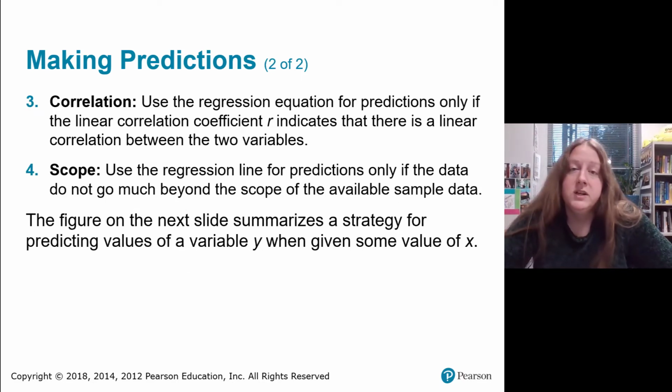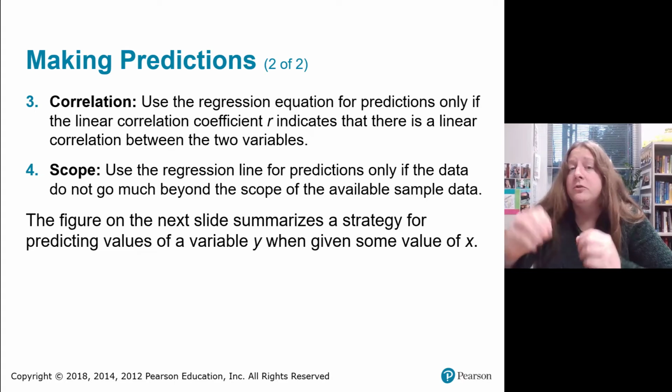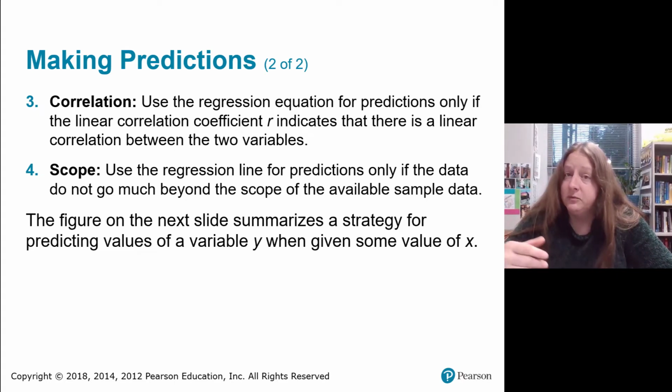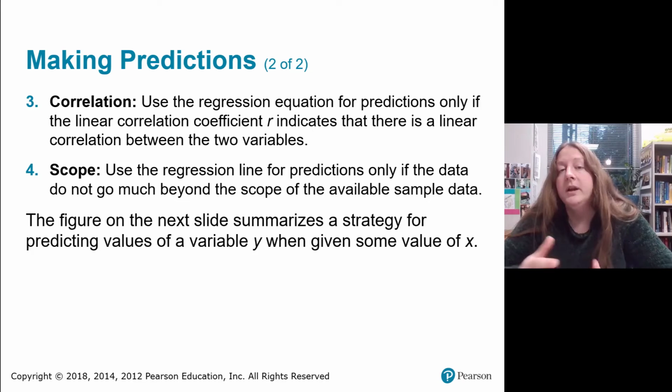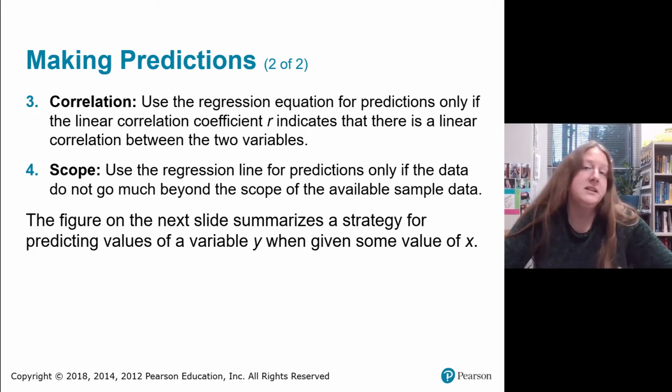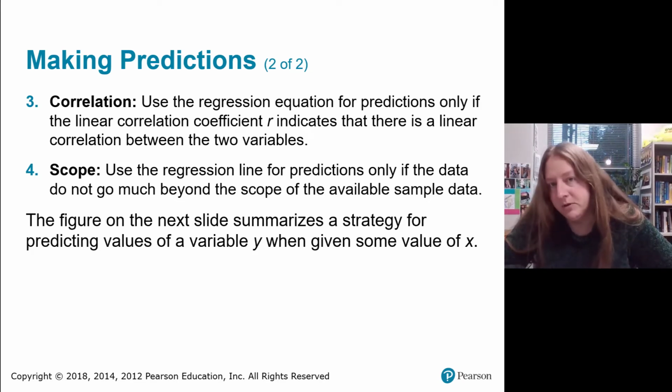So the other two things that you need to look at, the first one's correlation. So looking at your linear correlation coefficient R, if it indicates that there's a linear correlation between the two variables, then you're probably in okay territory. Also, the scope matters. So when we want to make estimates, want to make predictions, we don't want to go too far beyond the scope of the data that was used to make the line. So what I mean by that is if your data stops in 1990, maybe don't make predictions about 2025.